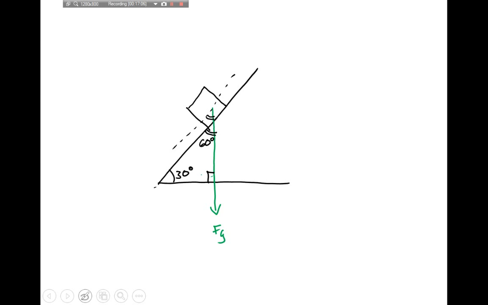Now, if I decompose my force due to gravity like this, now we can see that this angle right here, the angle between this y component and my force due to gravity, this line right here, and this dashed line right here that is parallel to the surface of the ramp, we can see that those two things are 90 degrees apart, right? The direction that's perpendicular to the ramp and parallel to the ramp, they're 90 degrees apart. So if this angle right here is 60 degrees, then that angle right there is 30 degrees.